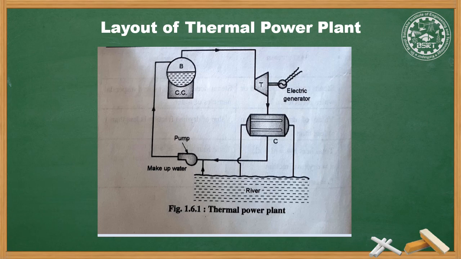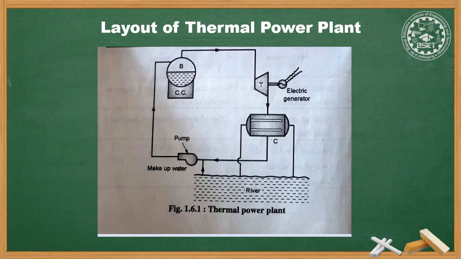Thus it rotates the turbine shaft, which is coupled with the generator, and generates electric power. This steam is then passed through the condenser, where it is condensed by changing its phase from vapor to liquid. The condensate is pumped back to the boiler, and make-up water is taken from a dam or river, and the cycle is repeated as shown in the figure.